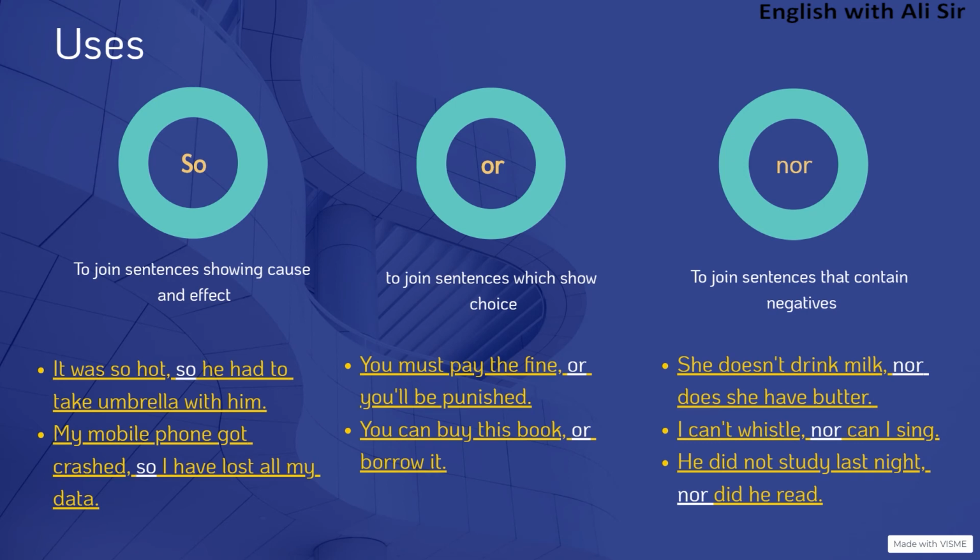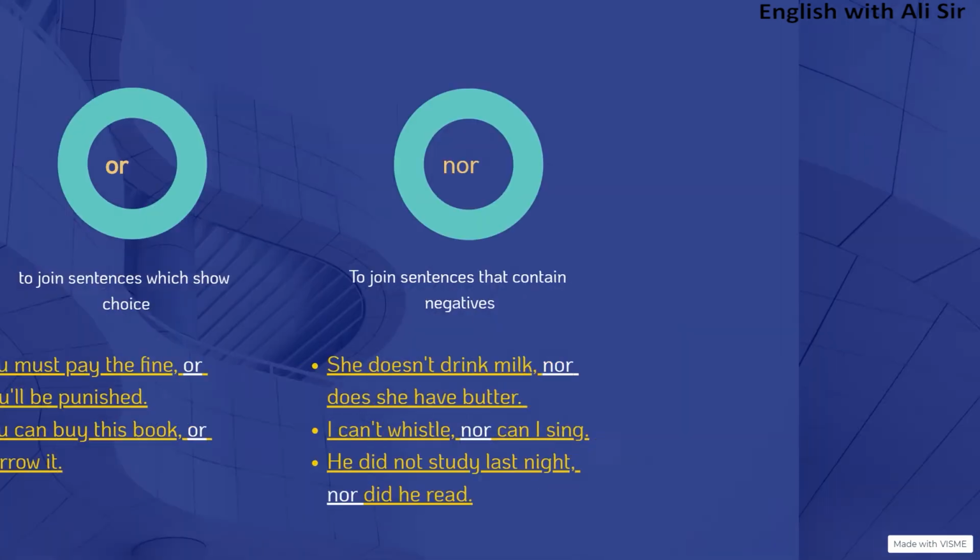For example, she doesn't drink milk, nor does she have butter. I can't whistle, nor can I sing. He did not study last night, nor did he read. They were not wearing jackets, nor were they carrying umbrellas.